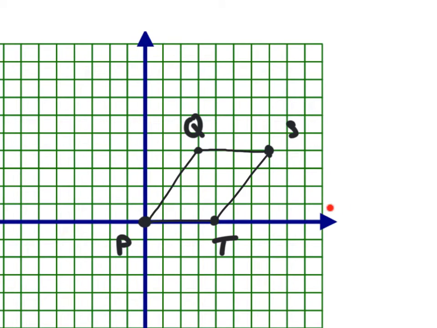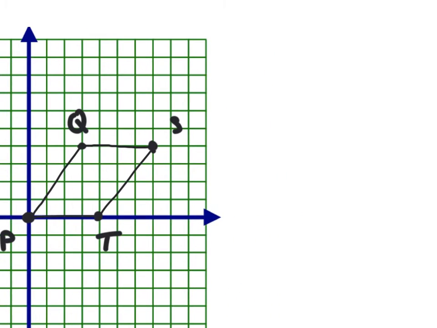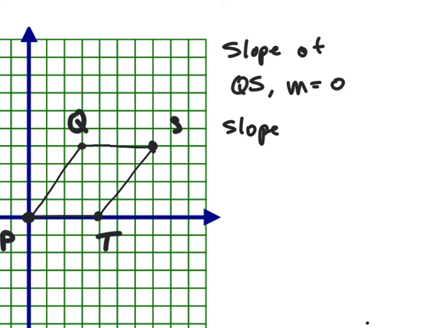Here's what I know: the slope of QS, M is equal to 0. Slope of 0, it's a horizontal line. And the slope of PT, M is equal to 0.